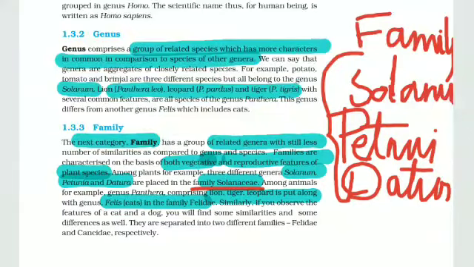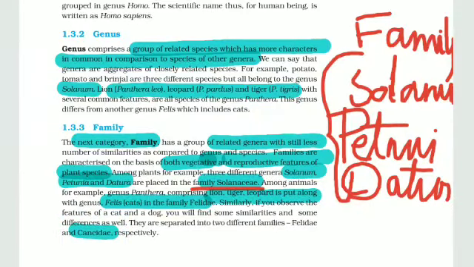So the lion, tiger and leopard, though they look so huge in size, still belong to the cat family, that is Felidae. A cat and a dog do not belong to the same family. They have different similarities between them. So there are two different families. For a cat you call it Felidae, and for a dog you call it Canidae.